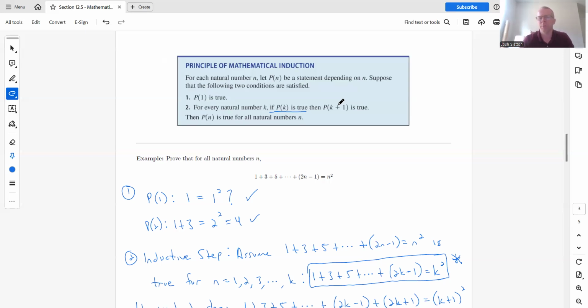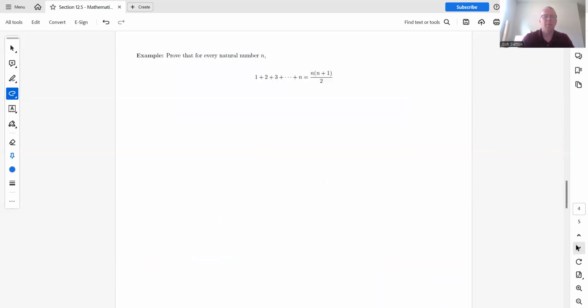So we're assuming it's true for some number beyond 1, and then we want to show that it's also true for the next number. If we can do those two things, then we have shown that the statement is true for all natural numbers. So this one is a very common one.